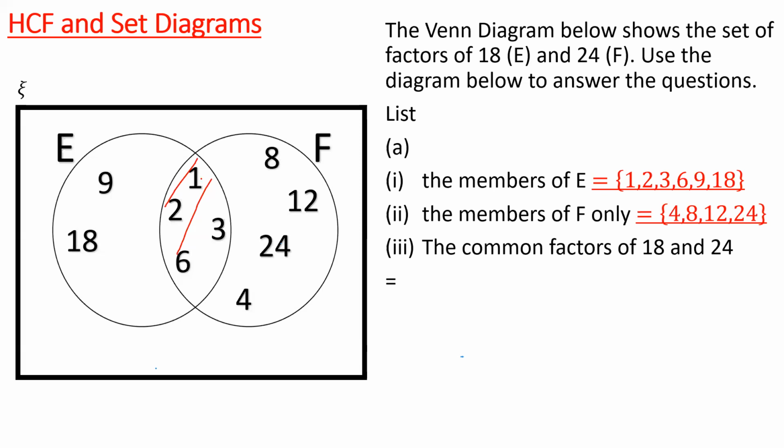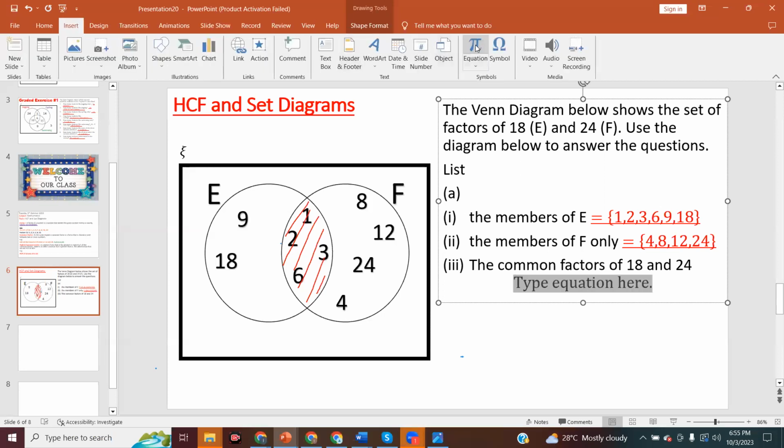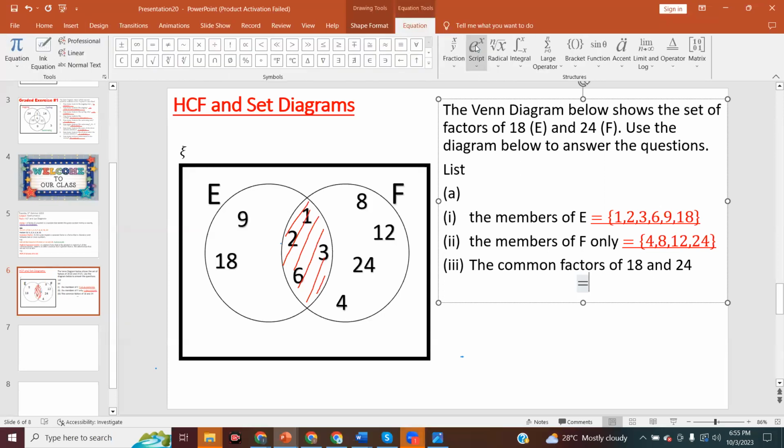So the common factors are going to be the ones in the middle. They're basically asking you for the intersection, isn't it? So the common factors of 18 and 24 are going to be, let's list it out, 1, 2, 3, and 6. Very good. It's going to be 1, 2, 3, and 6.